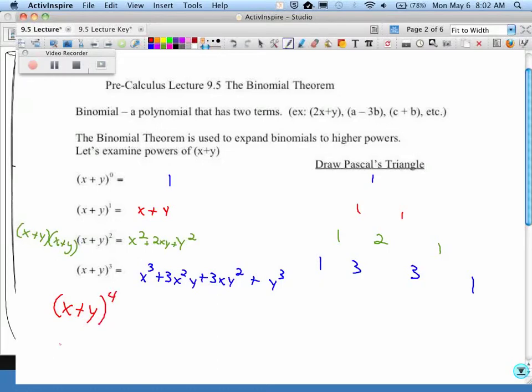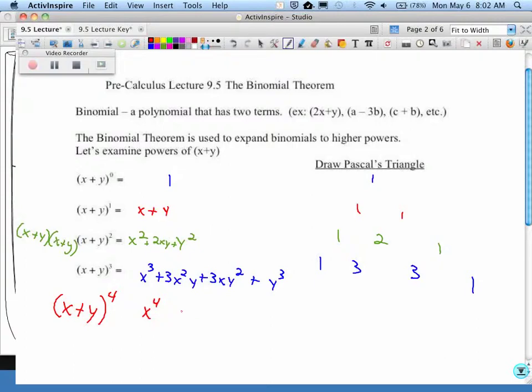Let's do x plus y to the 4th power. Can anybody in here now tell me what the x's and y's, just the x's and y's, what kind of pattern are you going to see? Have you figured it out yet? X to the 4th. Don't worry about the numbers.